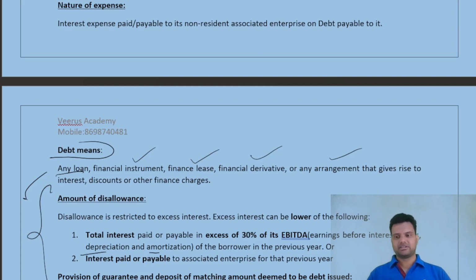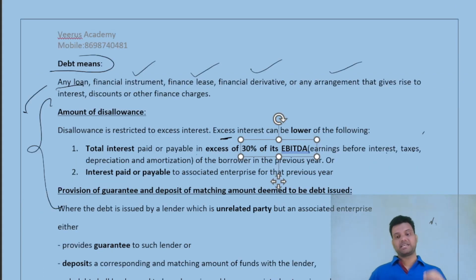If you make any payment to a related party in excess of the market price, which is unreasonable and excessive, that excessive portion will be disallowed. Similarly, the same principle is applicable here. For a loan transaction between associated enterprises, the amount of interest which is in excess needs to be disallowed. Disallowance is restricted to the excess interest.